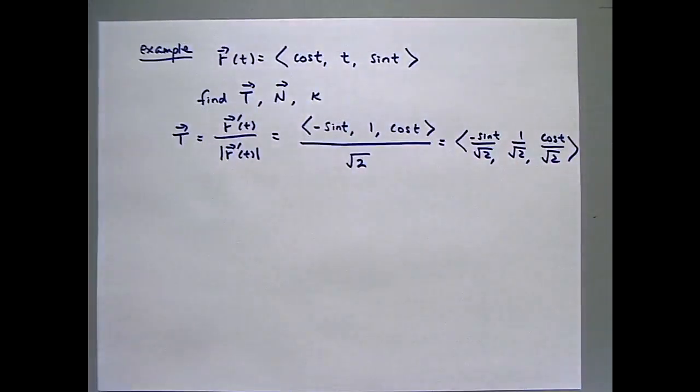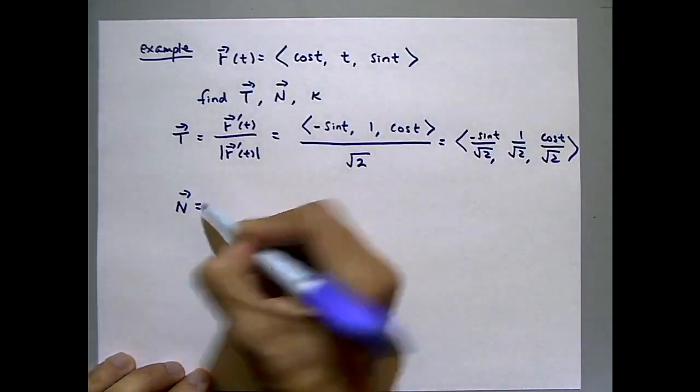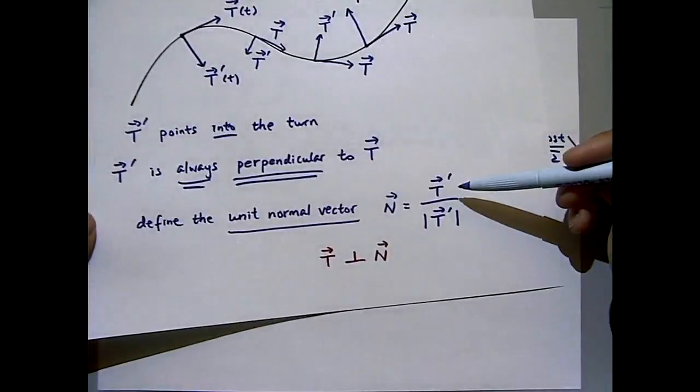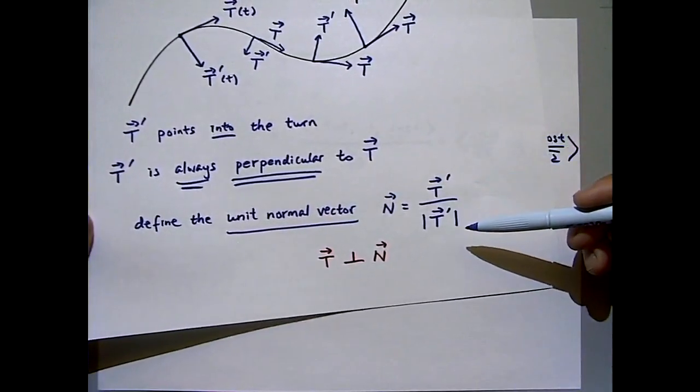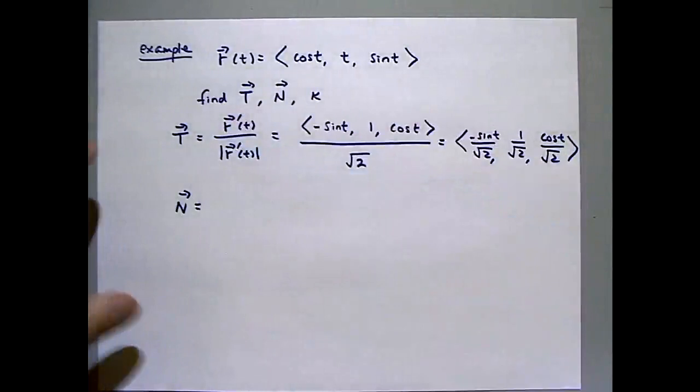We're going to do N right now. N, the unit normal, look back two pages, is big T prime divided by the magnitude of big T prime. The change in the unit vector. So it's related to, if you're turning, how the unit tangent is changing.